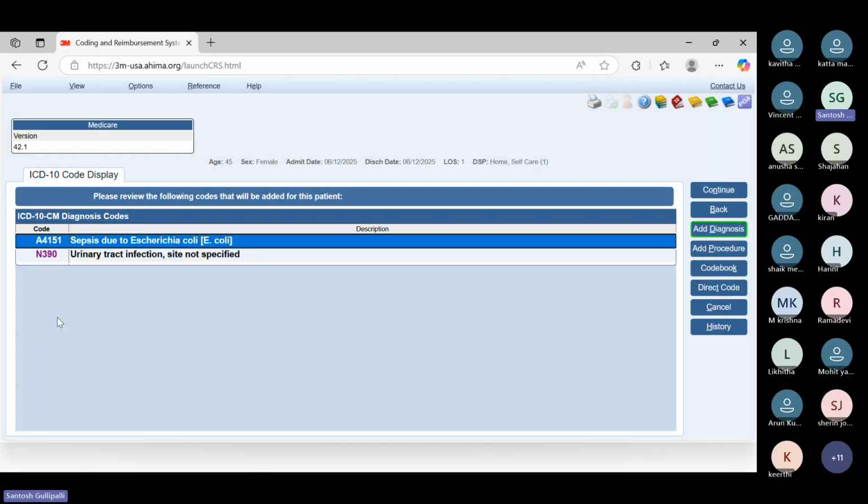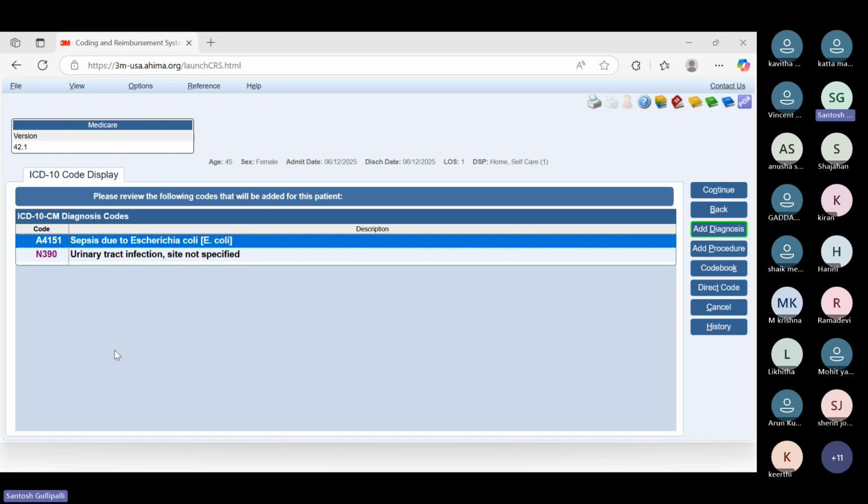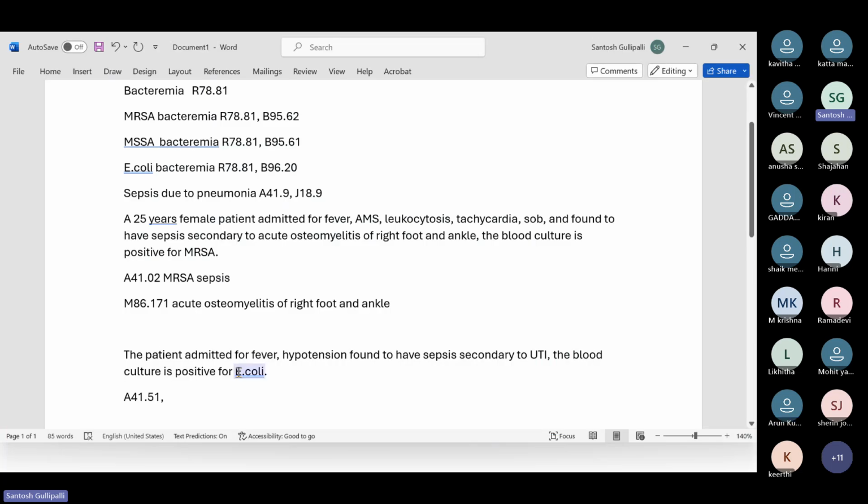The sepsis due to E. coli combination code is A41.51, which is E. coli sepsis. And an additional code N39.0, which is UTI.